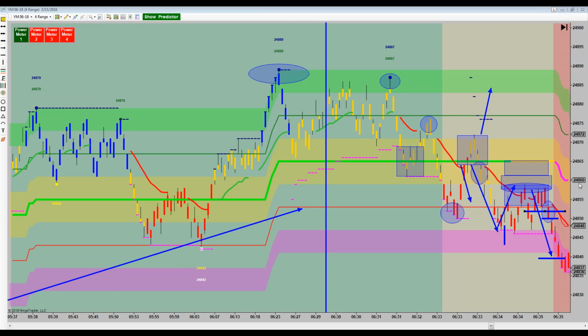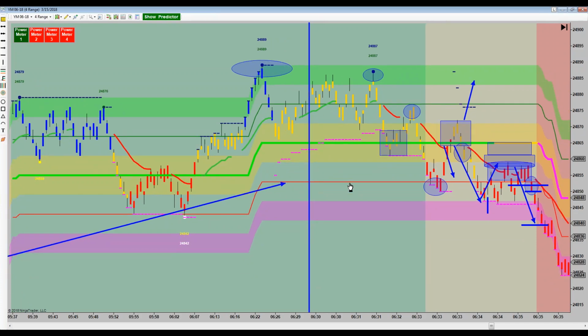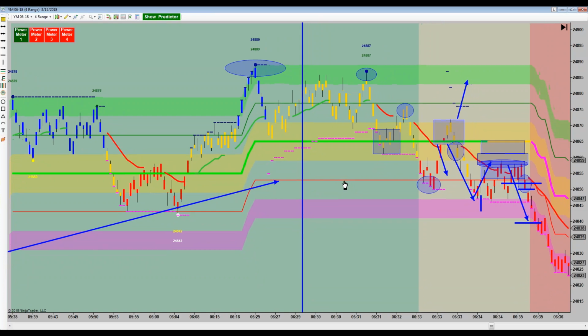All right. Now, I'm going to advance this chart. Stand by. And we can see that we come down all the way here to 23. Now, there are a couple of different ways to handle the management of the second lot.